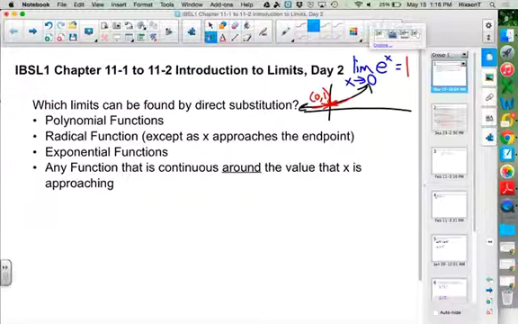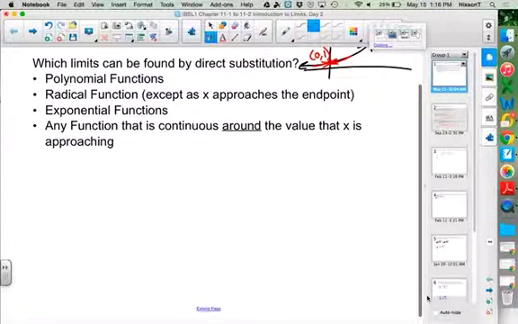Any function that is continuous around the value that x is approaching, you can find the limit by simply evaluating the function at that point. Let me explain what I mean.